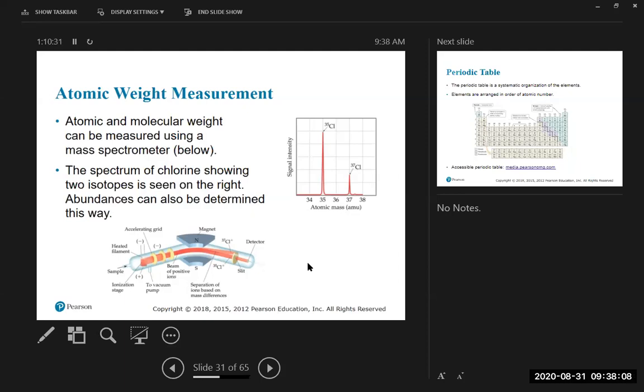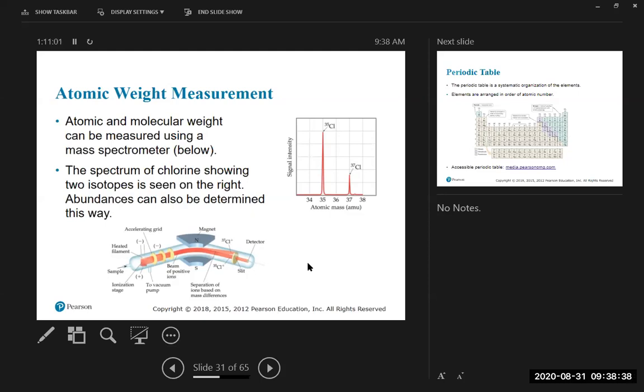And so here's an example of one type of mass spectrometer where you can go ahead and you can determine these ratios of these isotopes. And so this is one thing that you do in mass spec all the time, is you'll see over on the right-hand side there, you see where it says signal intensity and atomic mass. And you can actually separate out the isotopes using that.